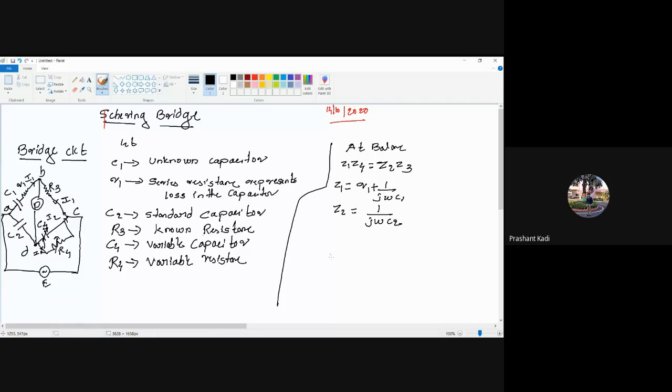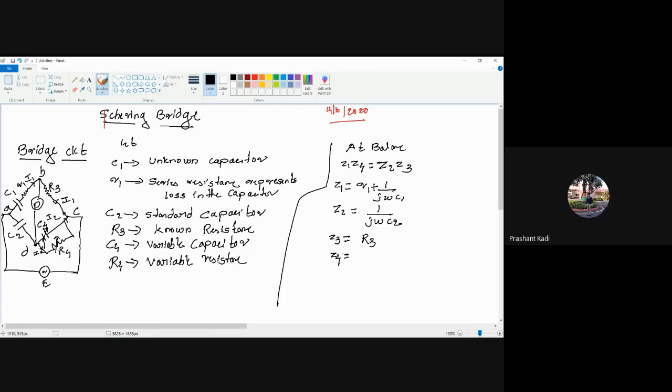Whereas in case of the third arm, Z3 has only resistance, no inductance or capacitance. We'll write it as R3. And Z4 equals what? In the previous case, the Maxwell inductance capacitance bridge, we had the same condition.